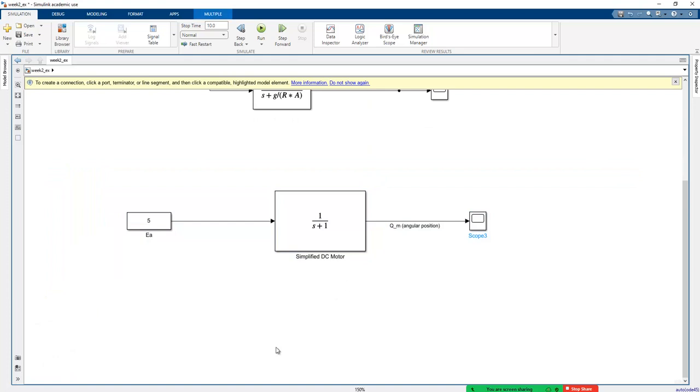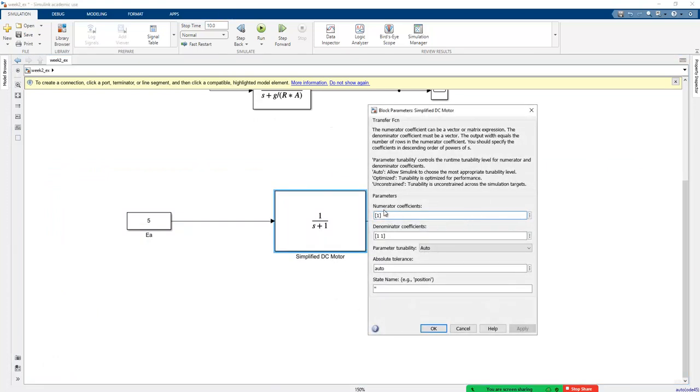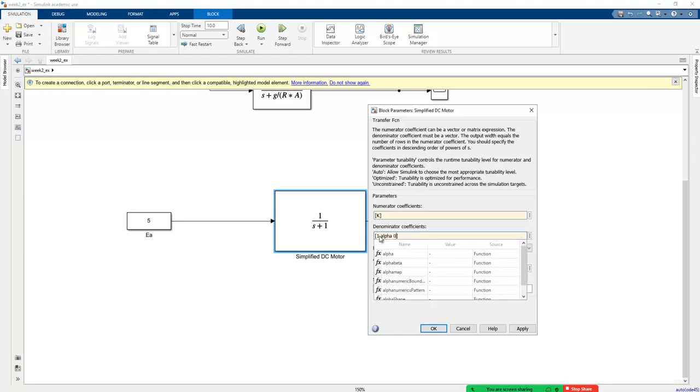How can we build this numerator here? This is equal to K, and this is equal to s times (s squared plus alpha s, and 0).